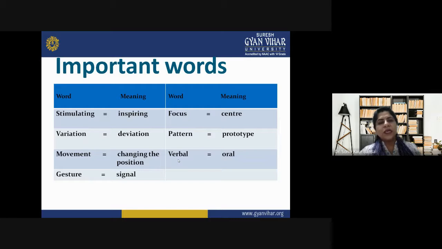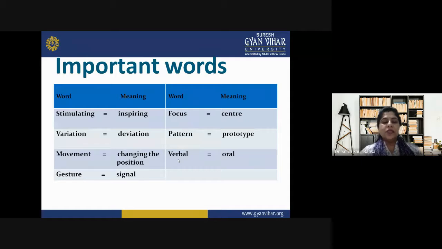We have to maintain the movement part also, as there are so many students, so we have to keep an eye on all the corners of the class. But students, it is not appreciable when a teacher is making too much movement, more than required. So it is very, very important.